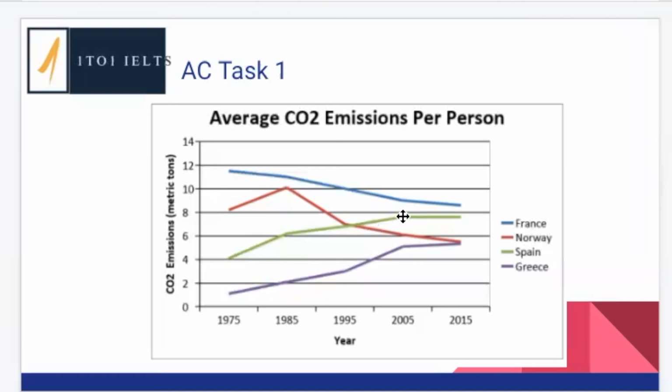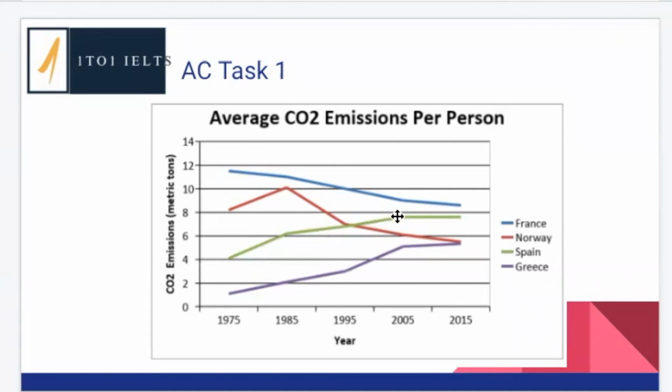So if we're thinking about data points, well, from 1975 until 2005, we can probably just say it increased. We could maybe include 85. Again, this is kind of optional. Definitely, if you have a lot of information to talk about in the rest of your essay, I wouldn't include it. If there's not a lot of information, we could maybe include it. So I would say this point is optional, but from here it's important.